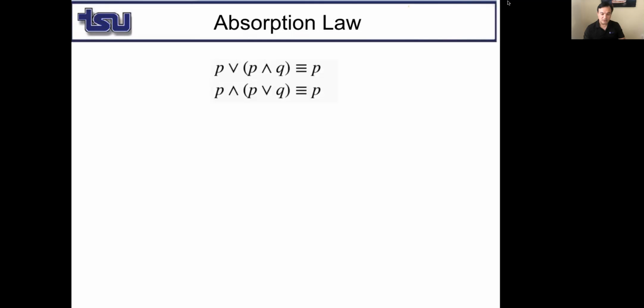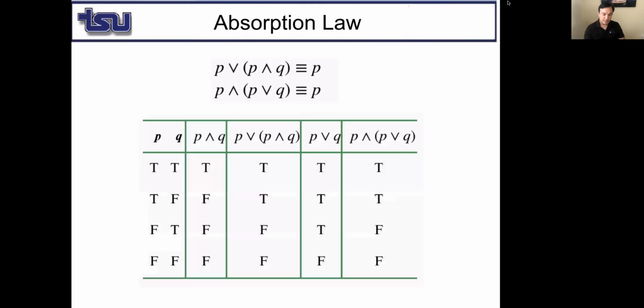Actually, we can show the proof very easily, either using a truth table or directly, but let's do it with a truth table here. We have P, we have Q. First, P and Q is right there, and then P or (P and Q) is right here. P or Q is here, and then P and (P or Q) is right there.